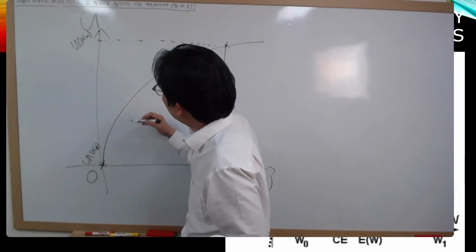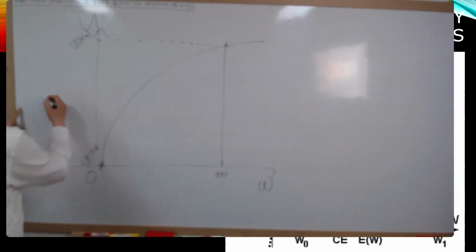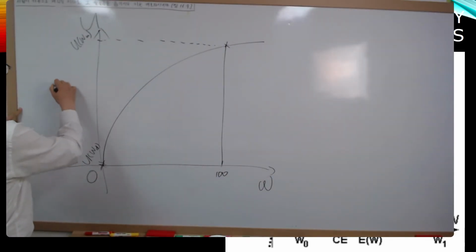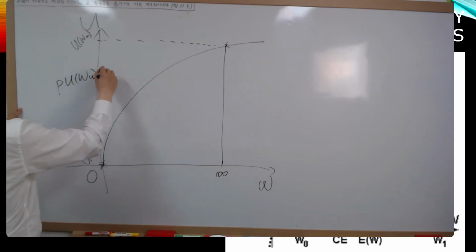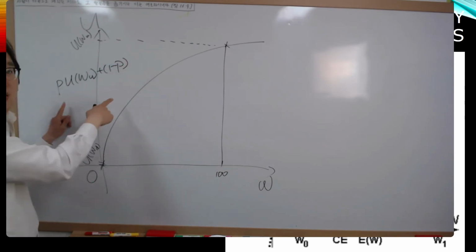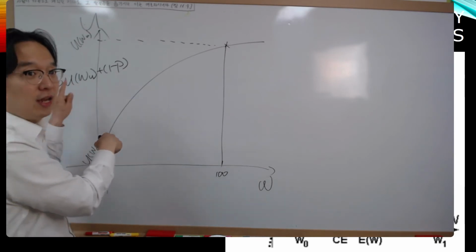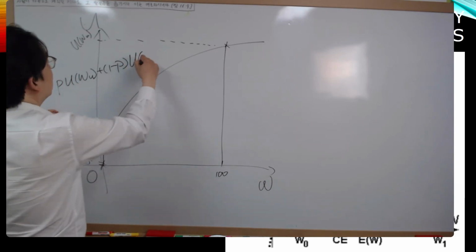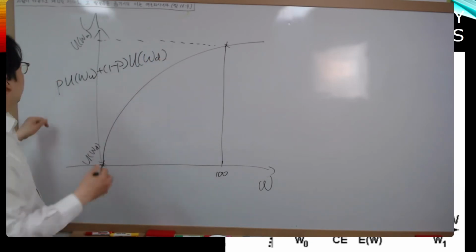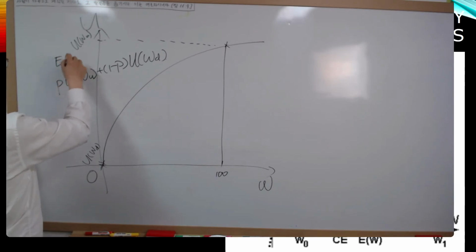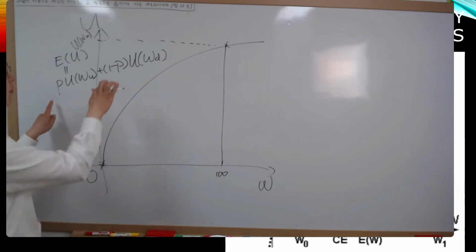How happy would you be about it? Well, that's the probability weighted: P times utility up plus 1 minus P times the utility of wealth in your down state, where P is your probability of having up, heads. That is going to be your expected utility. Expected value. Remember that? Probability weighted things.